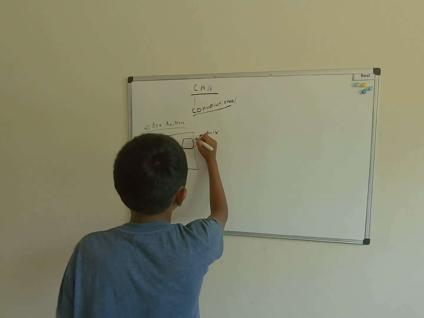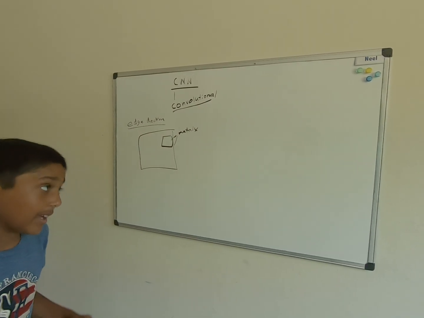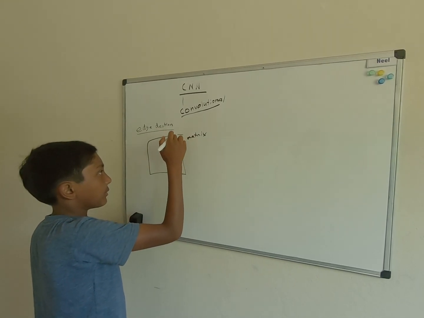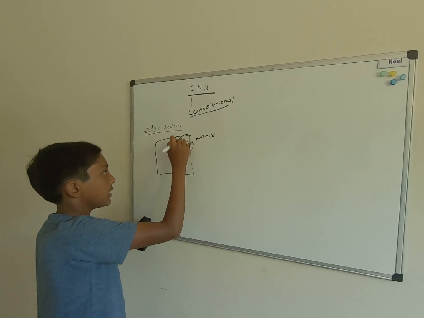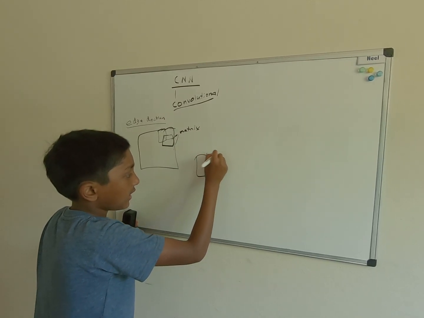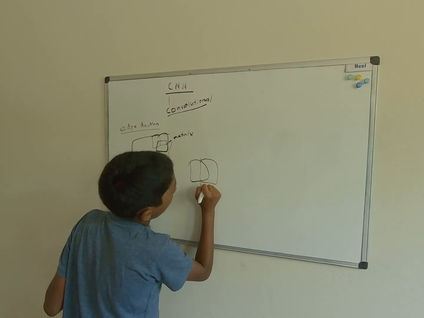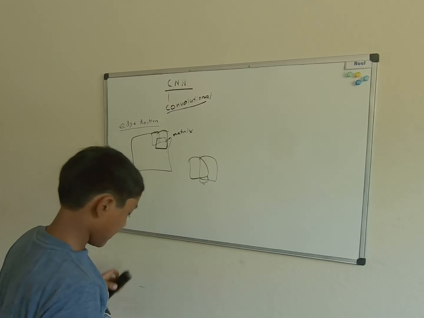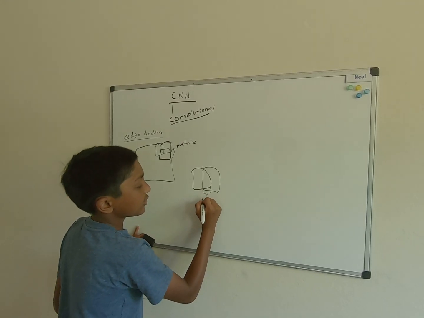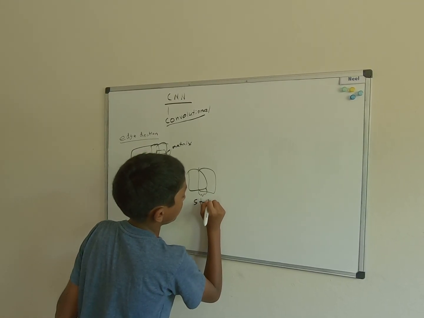So both of these are matrices. Then you keep on moving this around, and however much you move it to the side, that number is called your stride.